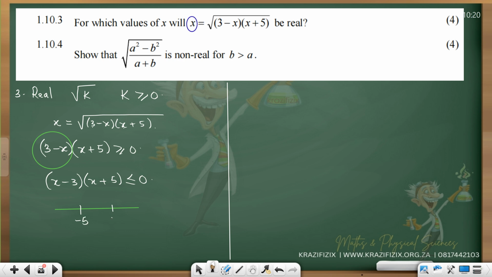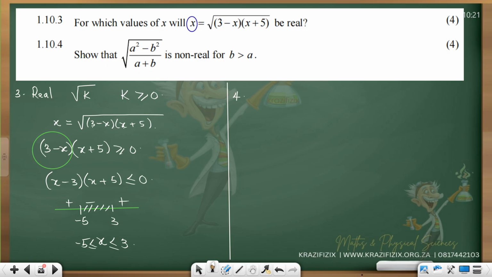Smaller number on the left and bigger number on the right. Plus, minus, plus, less than 0. X should be between or equal to negative 5 and 3. Are we okay there, everybody?